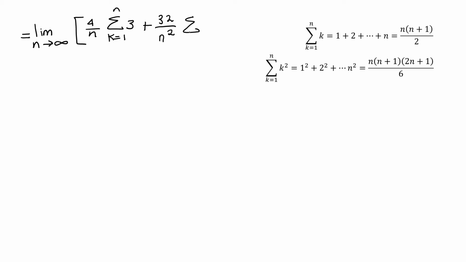Then the summation, as k goes from 1 to n of k. Continuing, minus, let's multiply the 4 and 16, that'll give you 64, and we'll divide that by the total of the n cubed times summation as k goes from 1 to n of k squared.